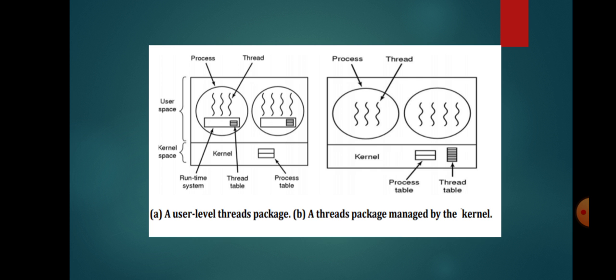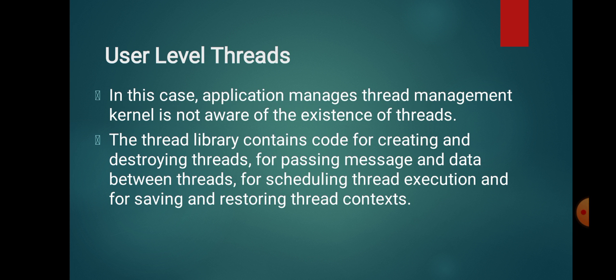The thread table is managed by the kernel itself, the master one. Instead of a thread table for each process, for all the threads we maintain a single thread table, just for keeping track of all the threads in the system.